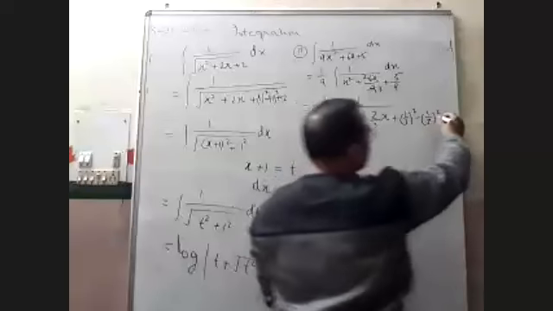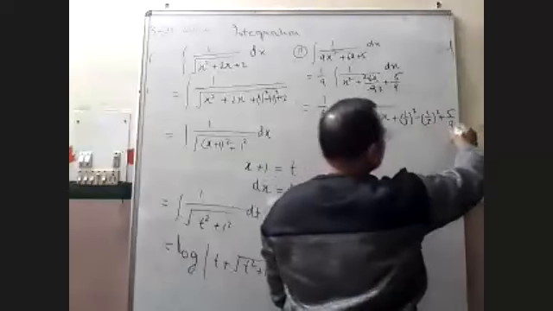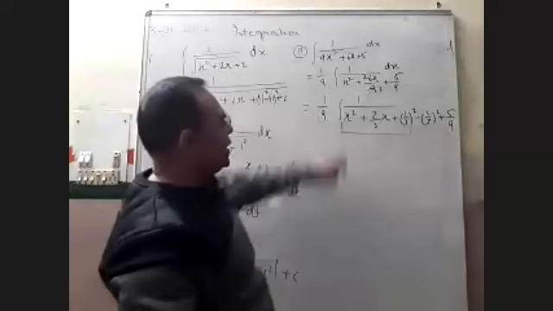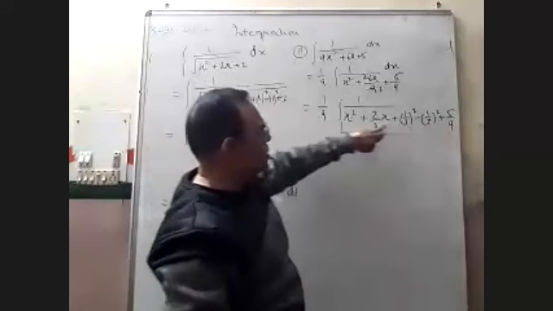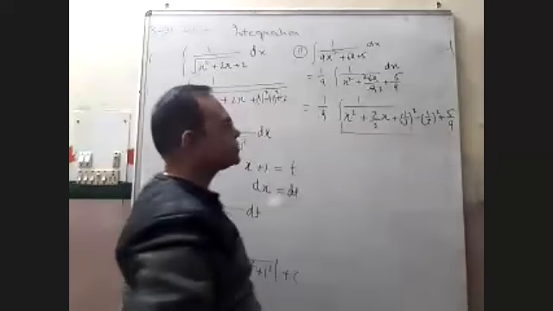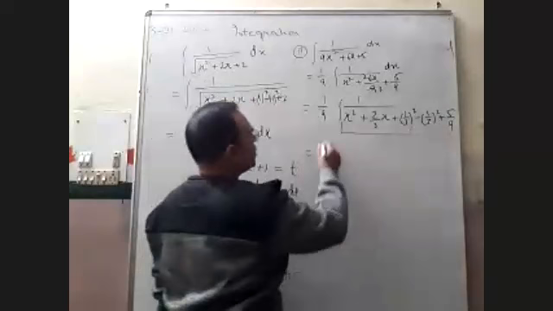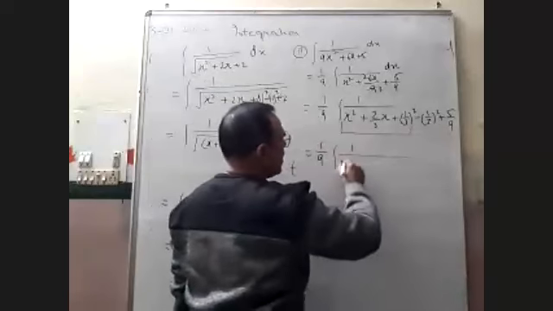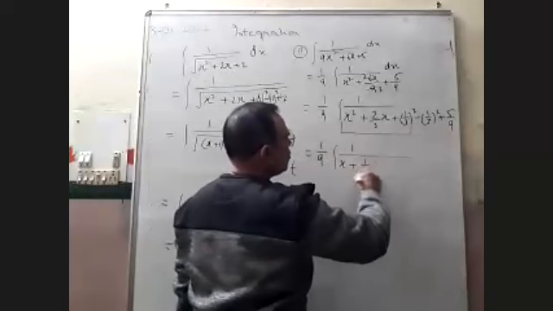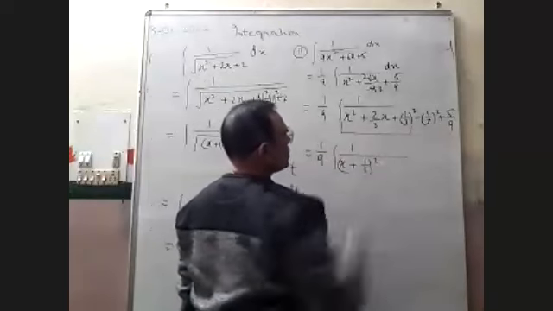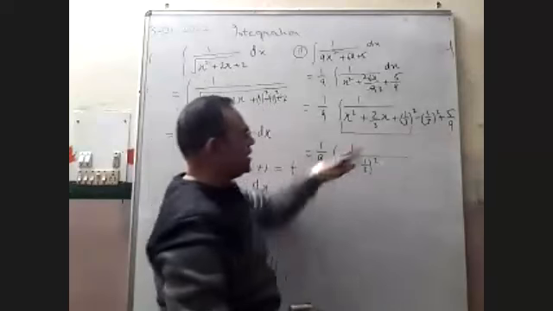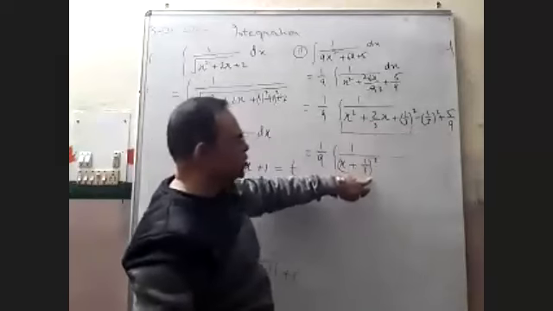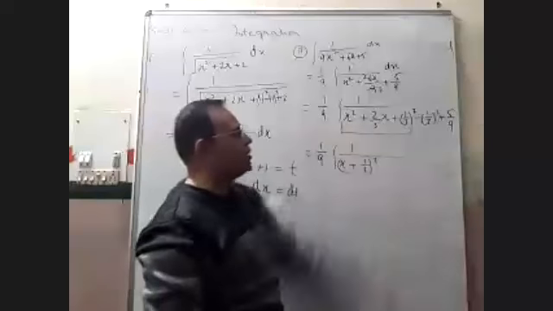plus 5 upon 9. Why are we doing so? Because we want to make the complete square. Because a square plus b square plus 2ab. This is the 2ab term. Then you can write here 1 upon 9, 1 upon (x plus 1 upon 3) whole square. Now you get here a square plus b square and plus 2ab. If you do the 2ab, you will get 2 upon 3x.